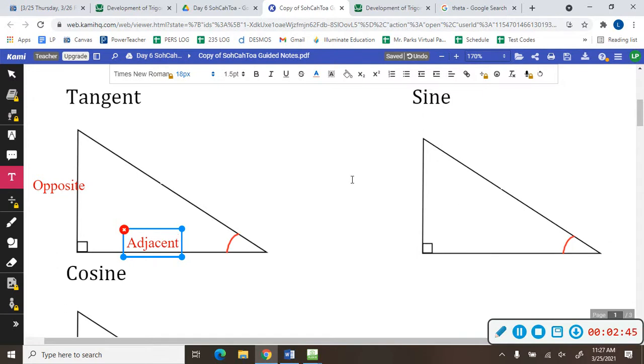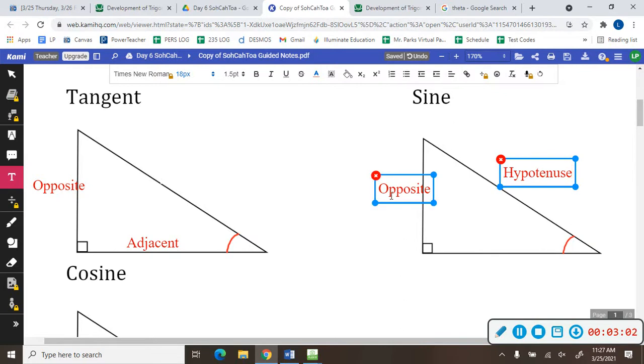Sine uses opposite still, but also uses hypotenuse. So if you have 2 out of 3 of these pieces of information, maybe you know this angle, maybe you know the hypotenuse, but you want to find the opposite, then you would use the sine function.